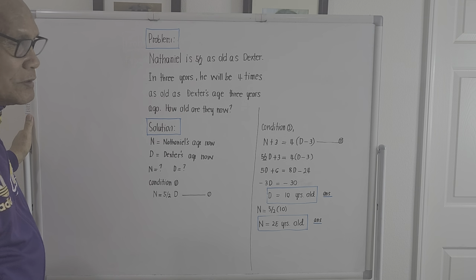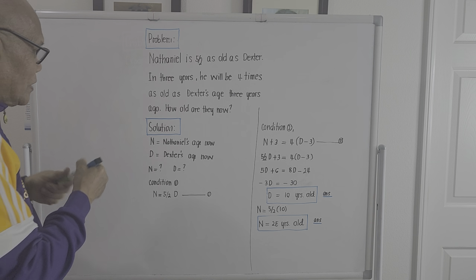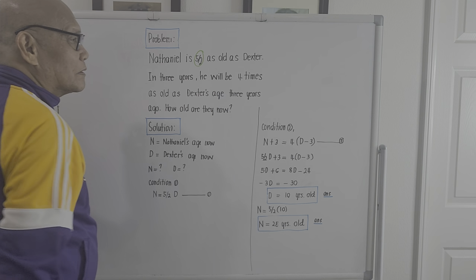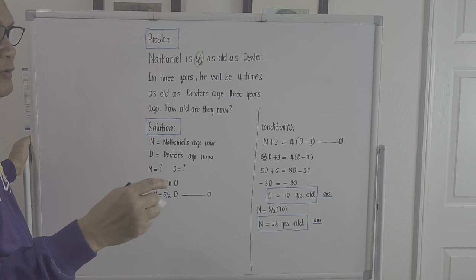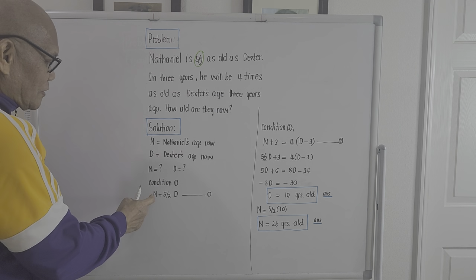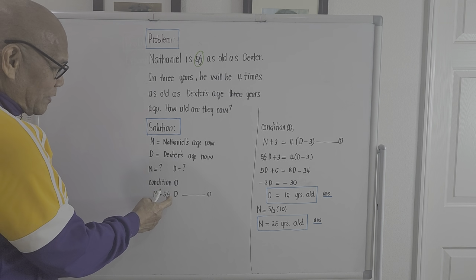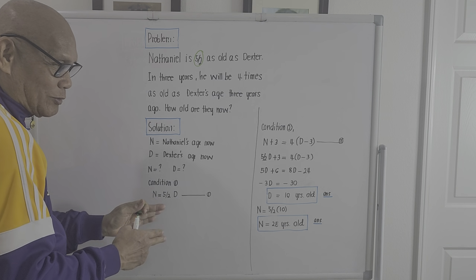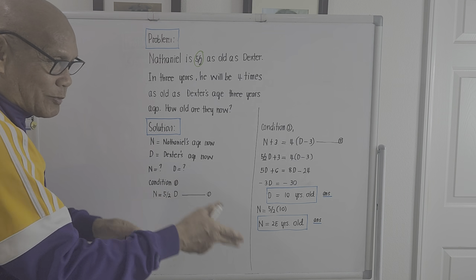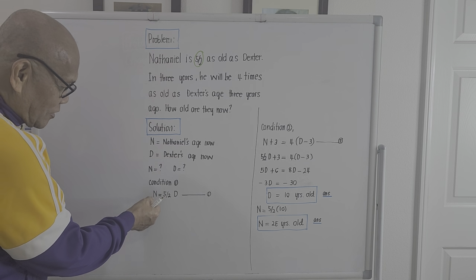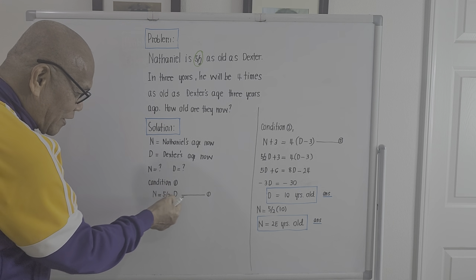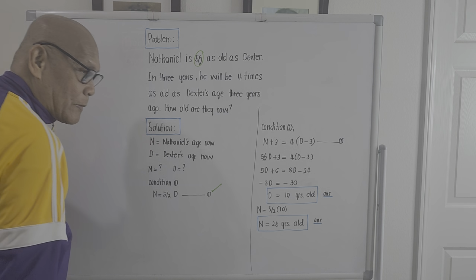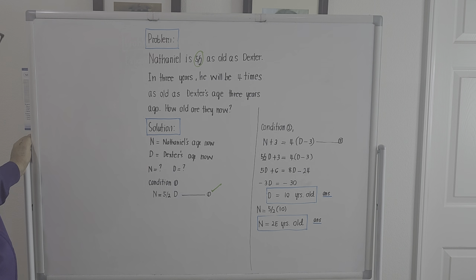The first condition is that Nathaniel's age is 5 halves Dexter's age. So we could relate that in terms of an equation: N equals 5 halves times D. We call that equation number 1. As simple as that.